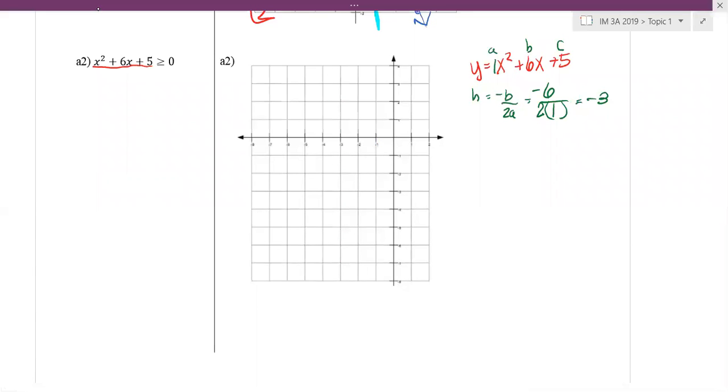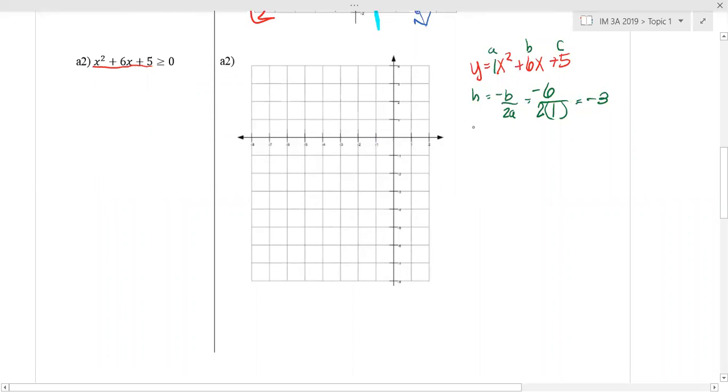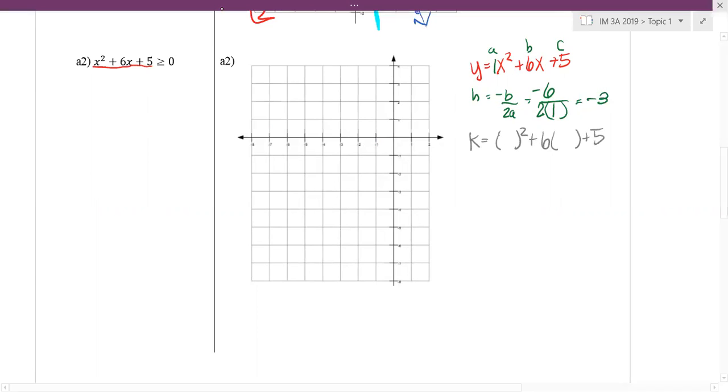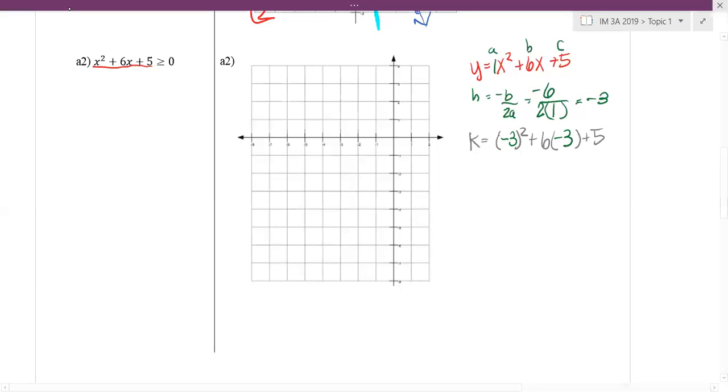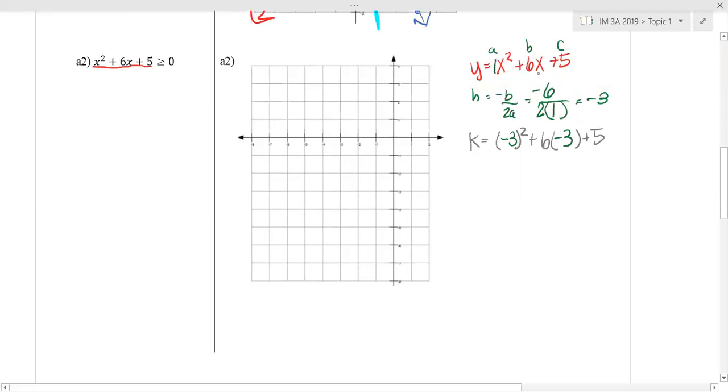To determine k, what I have to do is plug that value in. So I've got my equation x squared plus 6x plus 5, and I'm going to take that value negative 3 and plug it in for x so that I can determine what the y coordinate of the vertex is, what the k value is.